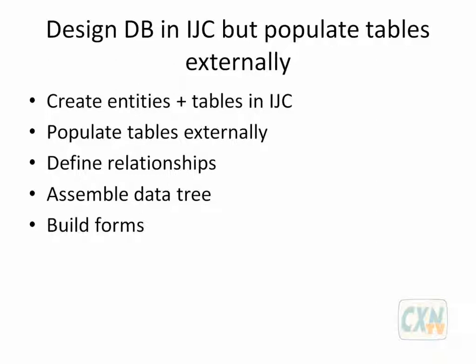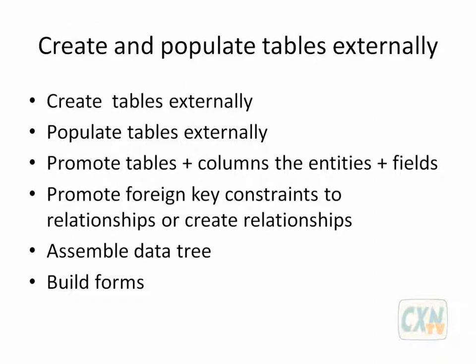And finally, the fourth method, where you're basically doing everything externally, you might have a script or process that creates the tables and then fills them with data, and then you go to Instant JChem, you promote the tables and everything in so that Instant JChem is aware of them, and then you assemble the data tree and build forms.